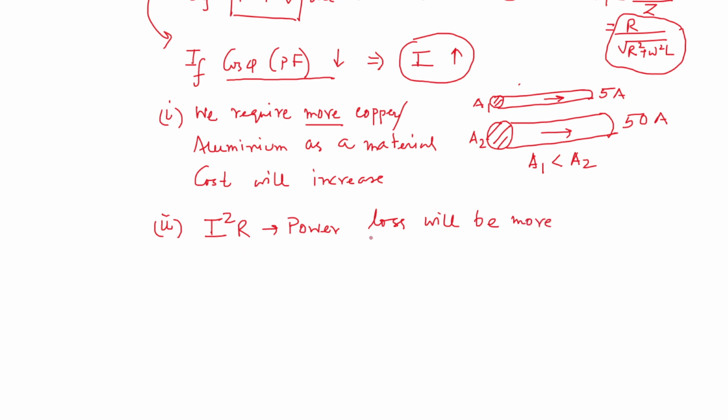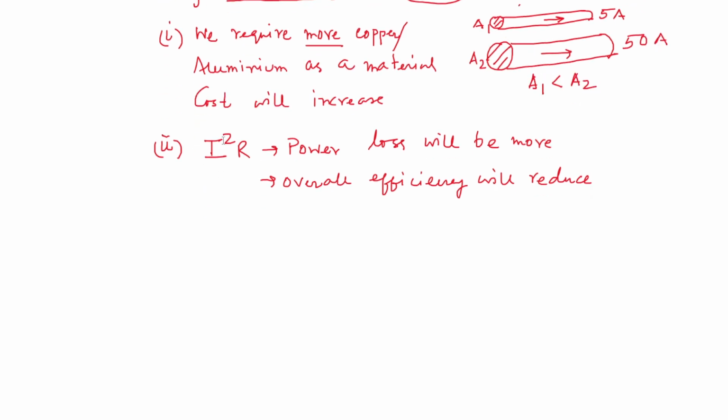If the power loss will be more, then the overall efficiency of the system will reduce. That is another drawback. So if the current is more, then power loss will definitely be more. As a result, overall efficiency will reduce.